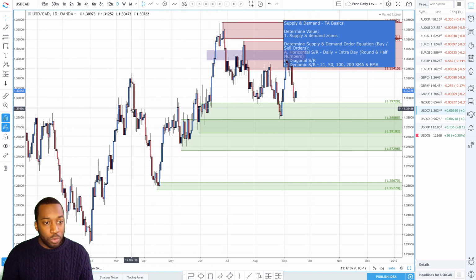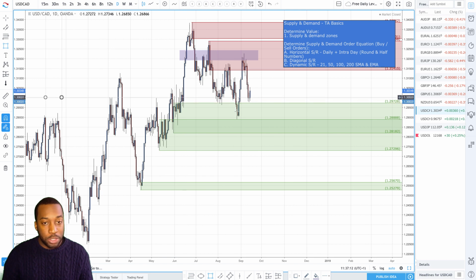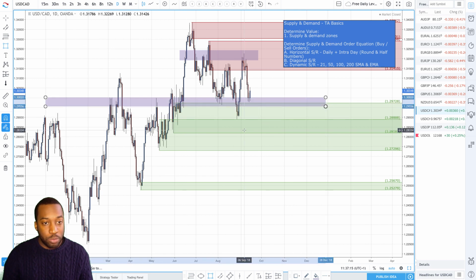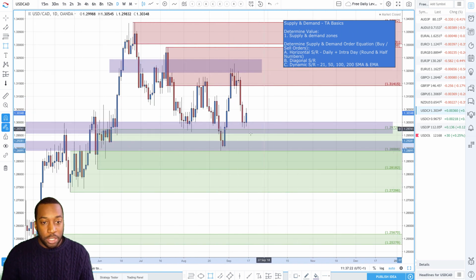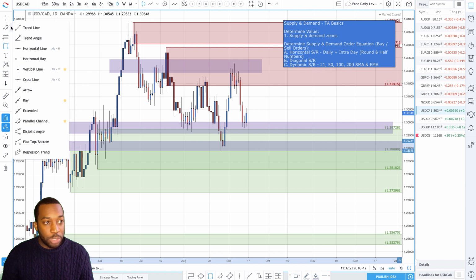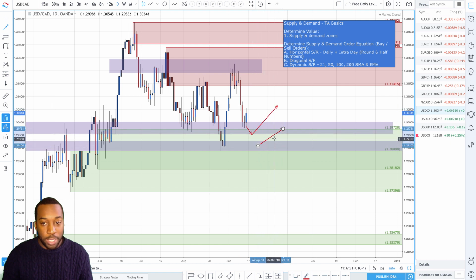If you're looking to be a buyer of this currency pair, you'd be looking for the obvious support and resistance. I'd probably say one level's around there, and there's probably another level towards this area here. We need prices to come down, if you're looking to be a buyer with the dollar, into this demand zone right here.